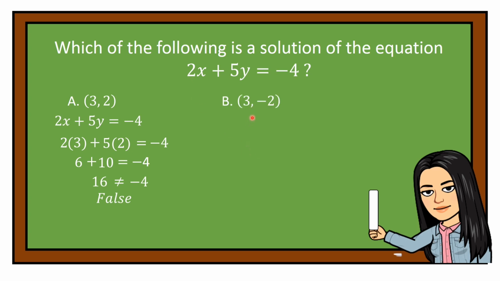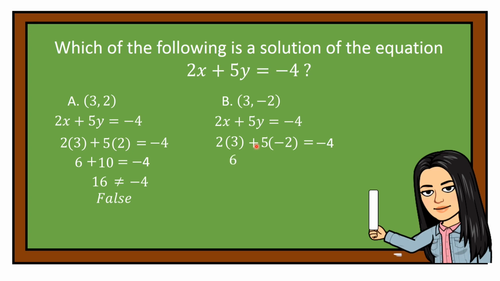Let us try now the ordered pair (3, negative 2). So let us substitute the values of x and y into the equation 2x plus 5y is equal to negative 4. Copy 2, x will be replaced by positive 3 plus copy 5, y will be replaced by negative 2 equals copy negative 4.